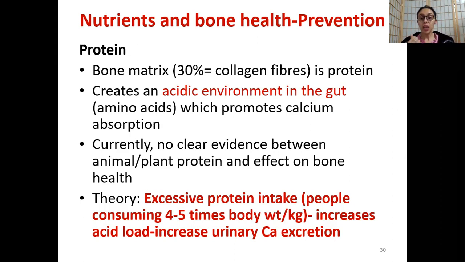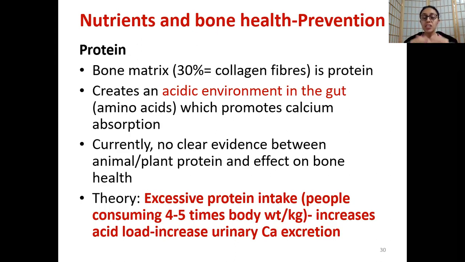As I said, this is a theory, there is no 100% evidence. But if a layman who is not utilizing a lot of protein is just eating a lot of protein, this will very highly likely increase the urinary calcium excretion because it increases the renal acidic load.